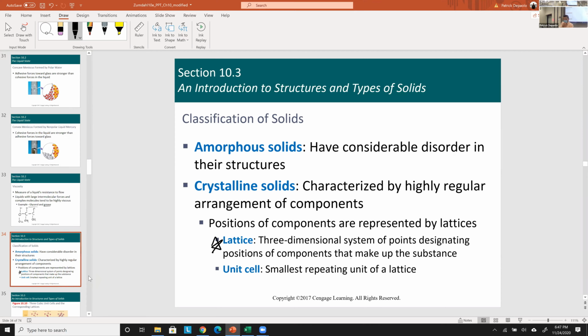And we've already talked about lattice energy, meaning the energy required to break a crystalline solid or break a lattice of a structure. And also this can create a unit cell, which is the smallest repeating unit of the lattice. And we could figure out a lot of different measurements of the lattice and the amount of atoms and moles that are in the structure based on the unit cell configuration. So two types of solids, amorphous, crystalline.